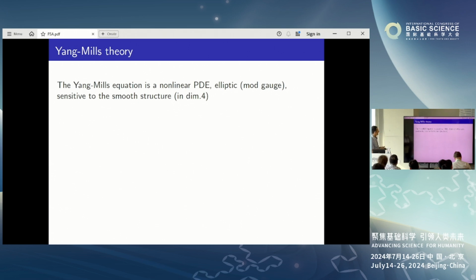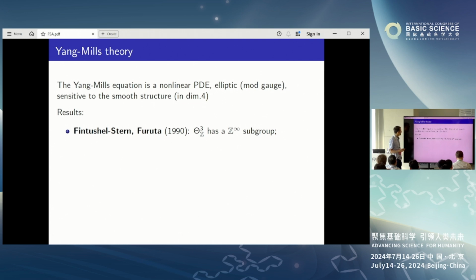So the Yang-Mills equation is a nonlinear PDE. It's elliptic modulo gauge group. It has a gauge symmetry. And Donaldson showed that it's sensitive to the smooth structure in dimension 4, meaning that the space of solutions on a 4-dimensional manifold depends on the smooth structure on that manifold.